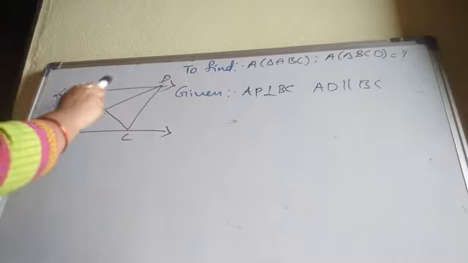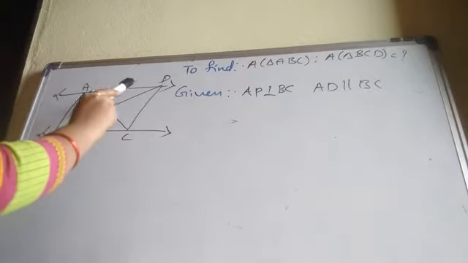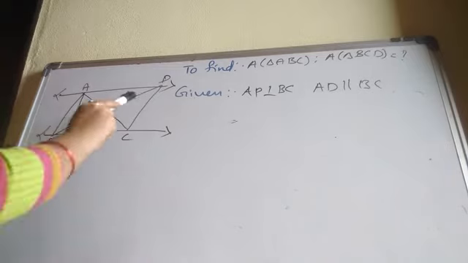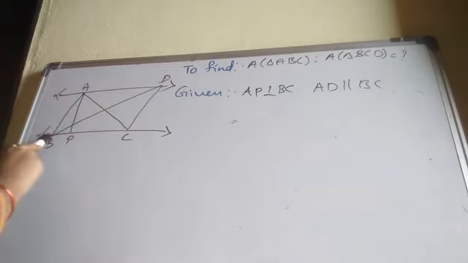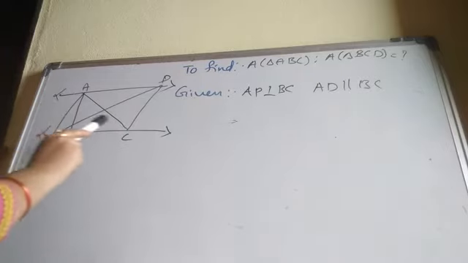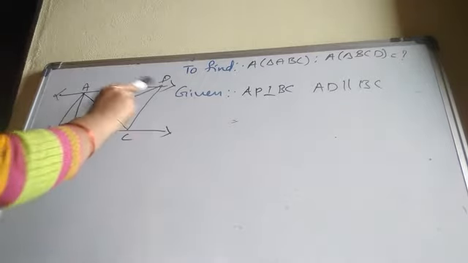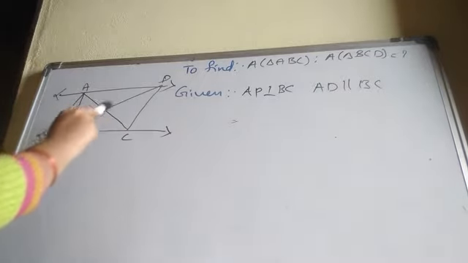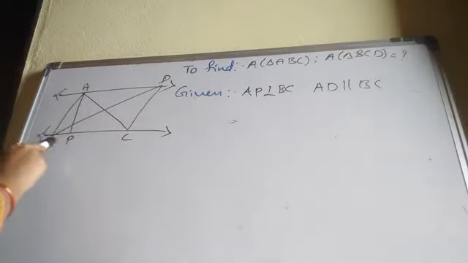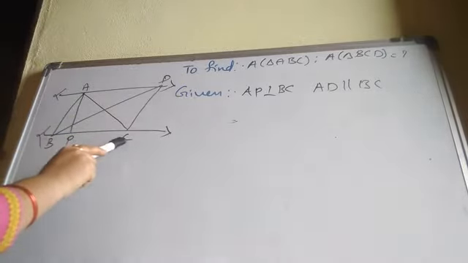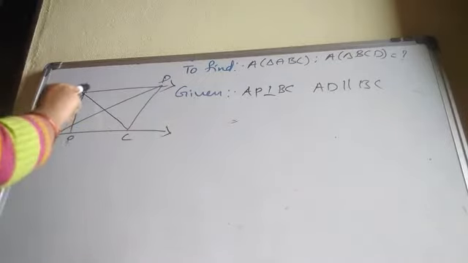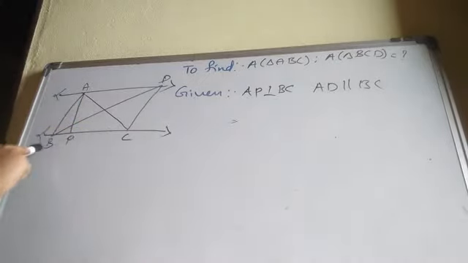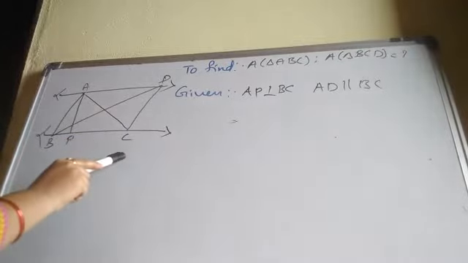In this figure, AD and BC are the two parallel lines. Between the two parallel lines, two triangles are given. First triangle is ABC. Second triangle is BCD. Between the two lines, there are two triangles with common base. How? See here. AP is perpendicular in triangle ABC. Here AP is the height and base is BC.